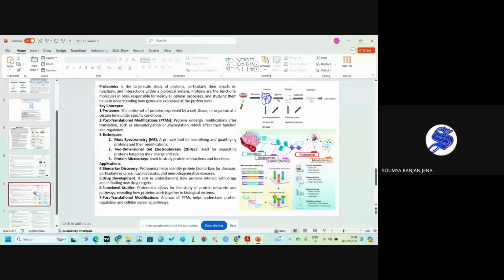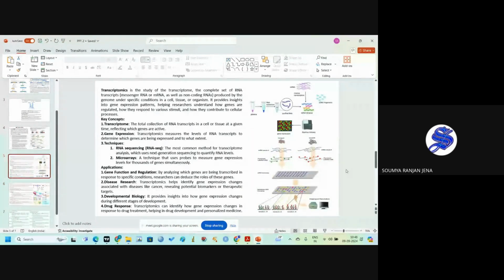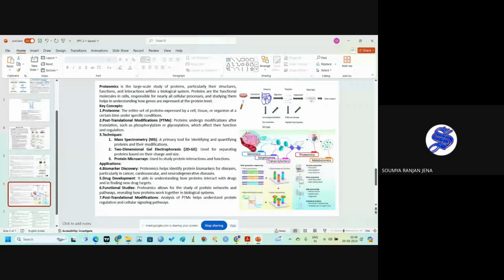One enzyme is called trypsin that cleaves the protein at lysine or arginine residues of that targeted protein, and it will give rise to peptides, and these peptides are separated by a machine called mass spectrometry. In transcriptomics, the machine is called the Illumina MiniSeq machine, and here the machine is called mass spectrometry. And this mass spectrometry analyzes the whole protein and gives the protein name.